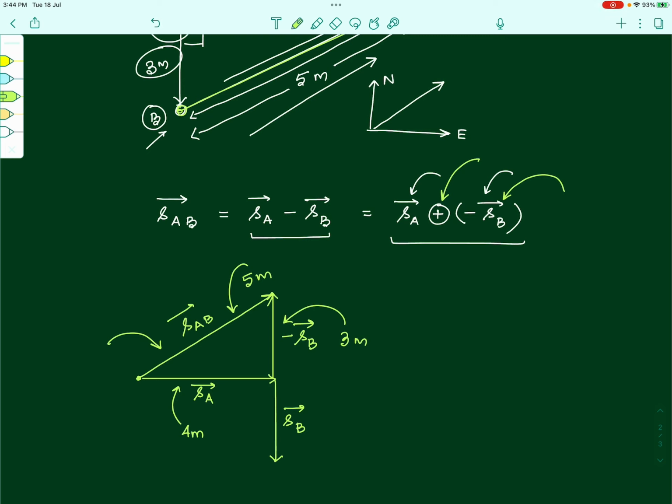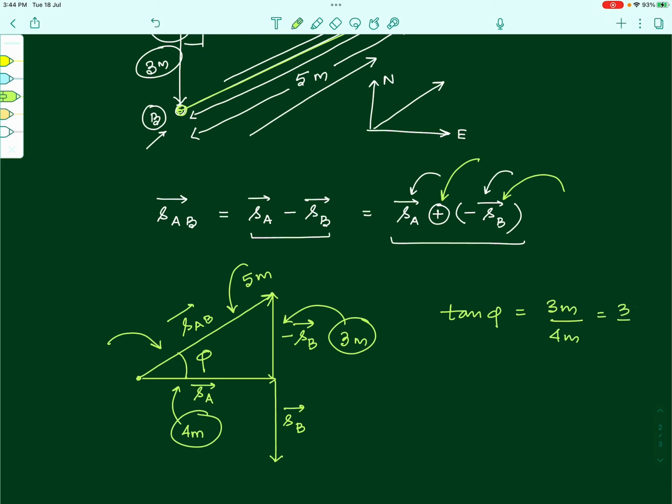Let's say we also want to find out the angle that this displacement vector of A with respect to B makes with the horizontal, with the displacement SA. Can we from this figure write tan phi is equal to the opposite side, which is this length 3 meters, by the base length, which is 4 meters?